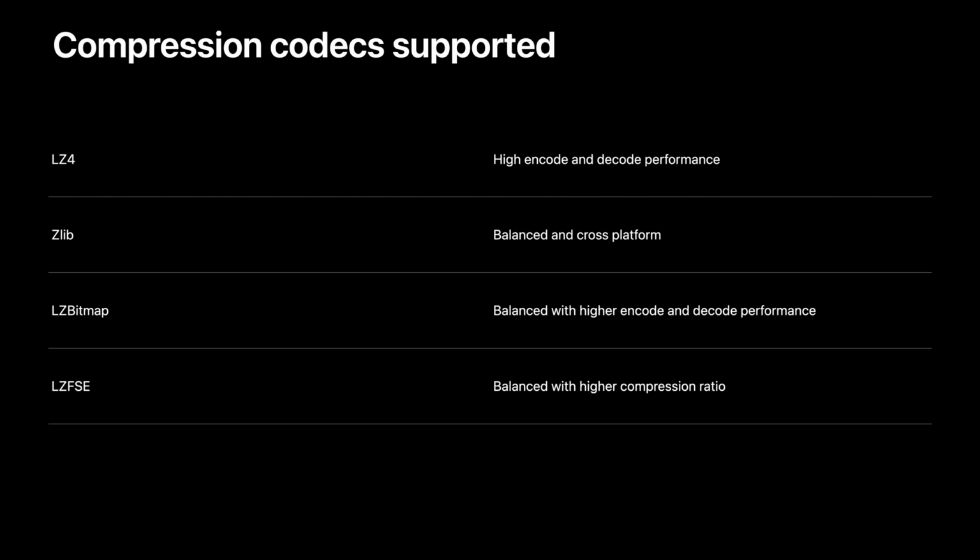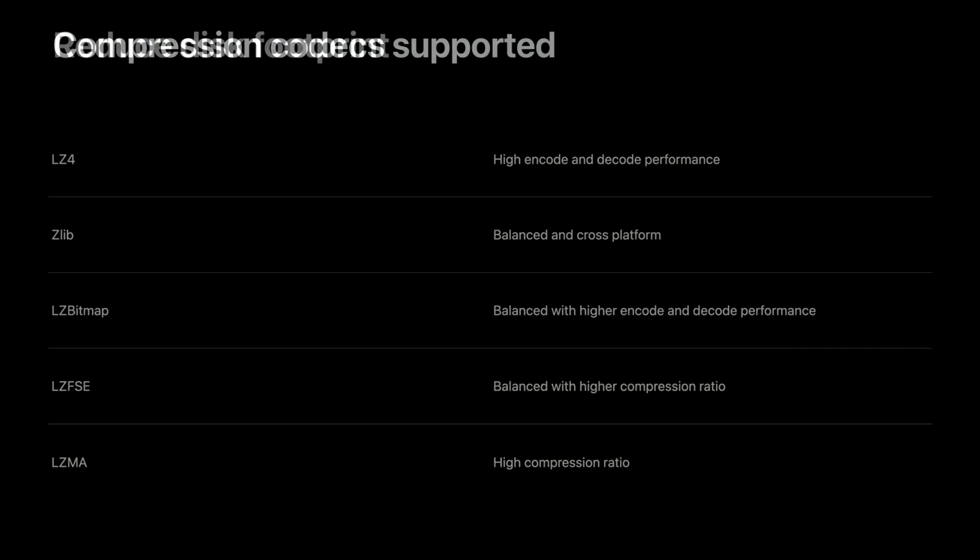Amongst the balanced codecs, zlib works better with non-Apple devices. lzbitmap is fast at encoding and decoding, and lzfse has a high compression ratio. If you need the best compression ratio, consider using the LZMA codec if your app can afford the extra time it takes to decode assets.